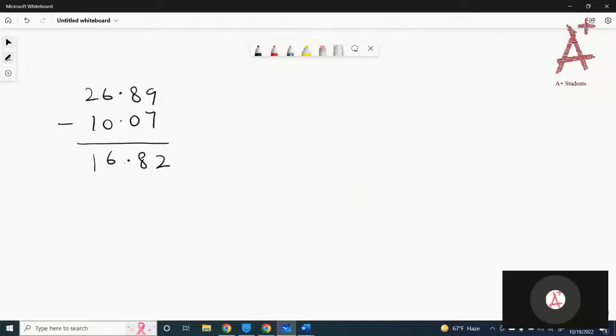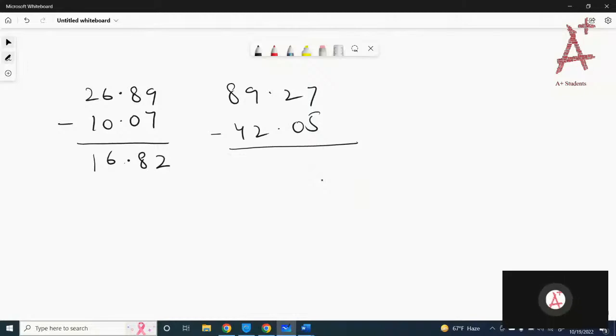Okay, the next one is again subtract $89.27 and subtract $42.05. So you have to start subtracting from the rightmost digit.